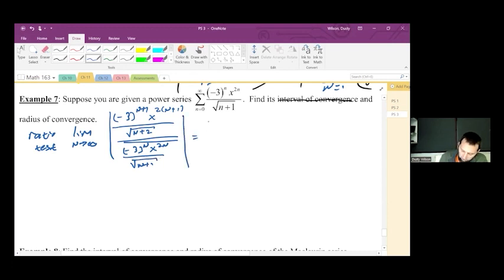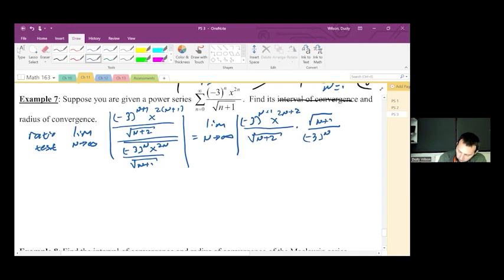Okay, let's write this one out a little bit more so you can see what's happening. This is the limit as n goes to infinity of the absolute value of -3 to the n plus 1 times x to the 2n plus 2 divided by square root of n plus 2 times, invert and multiply, square root of n plus 1 over -3 to the n times x to the 2n.